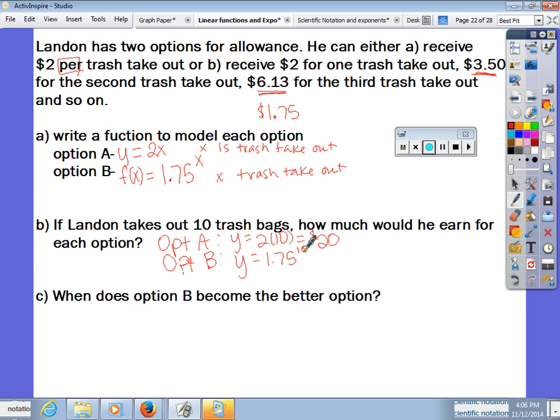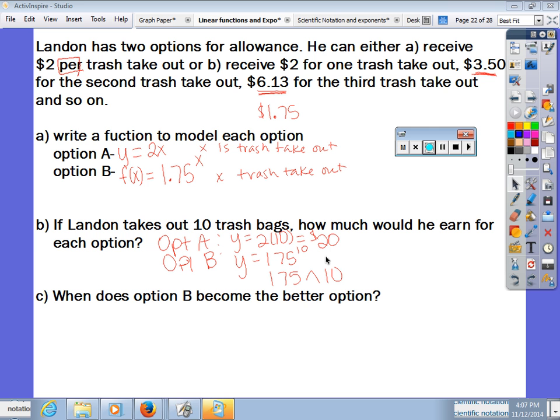Now, in your calculator, you have something called the caret key. Caret is spelled C-A-R-E-T. It's not like a carrot you eat. The caret key looks like this, and that just means I'm raising it to this power. So in your calculator, you would put 1.75 caret 10. And when you do that, you should get a decimal.